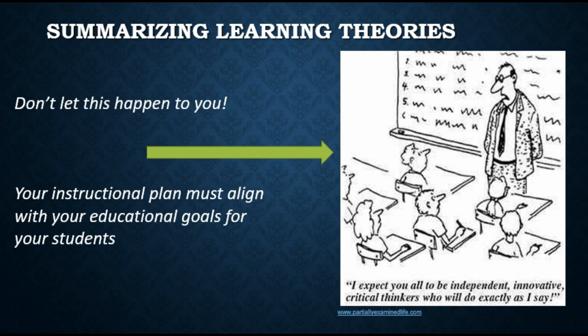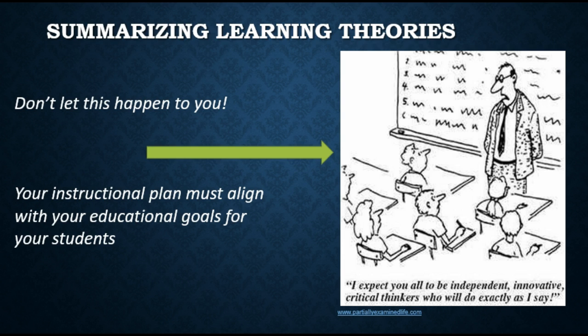Okay, so let's just take a deep breath and step back for a second and summarize what we've learned, okay? If you don't tell students what it is that you're expecting of them, they won't know, right? So you've got to share with them the behaviors you hope to see arise in them, okay?